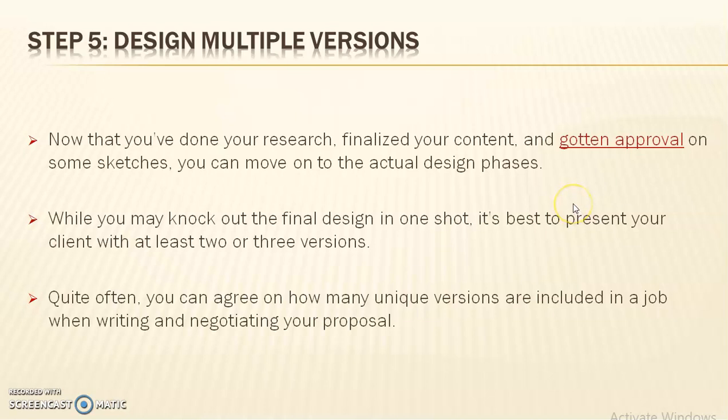Ideally, limit this round to 2 or 3 unique versions. Be sure to keep the versions or ideas that you choose not to present at the time, including those you might not even like. You never know when they will come in handy for future projects.